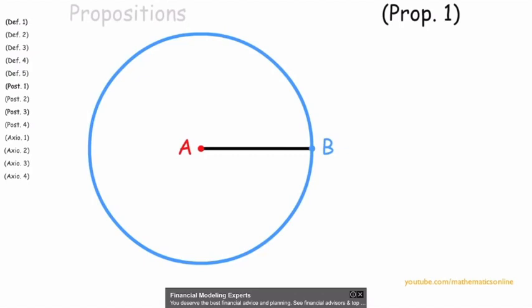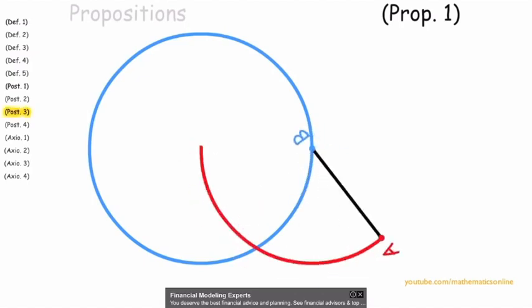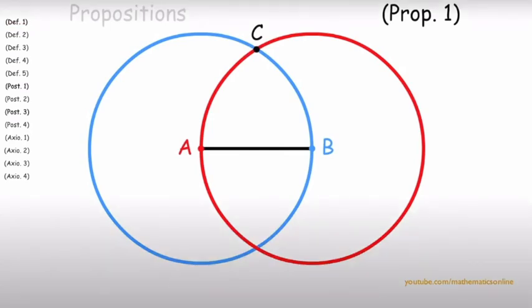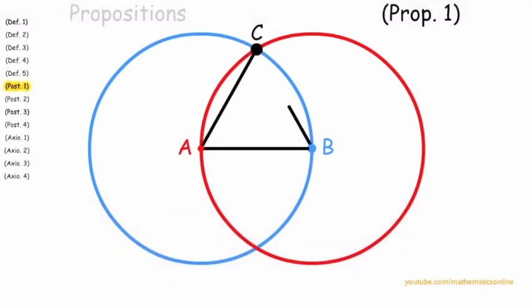Again, we use the same postulate and this time create circle BA. Now, at the place where the circles intersect, we create point C. So next, we will connect points AC with postulate 1, and we will do the same with points BC.